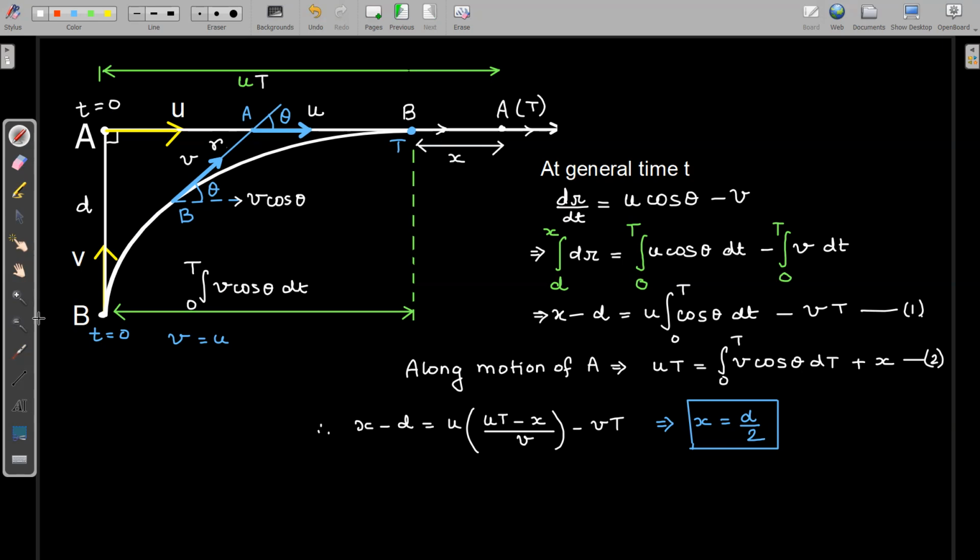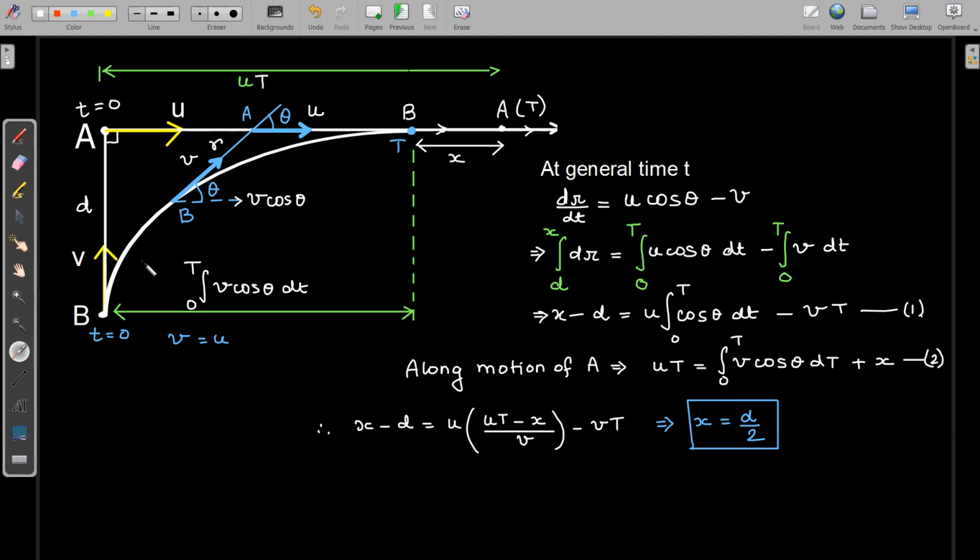So what is the displacement undergone by particle A along the straight line? From the initial position to this position at time capital T, we can write this entire displacement as u into capital T. And for particle B, the projection of this curve along the x-axis will be this length over here, the length of projection of the curve taken by particle B along the path of particle A.